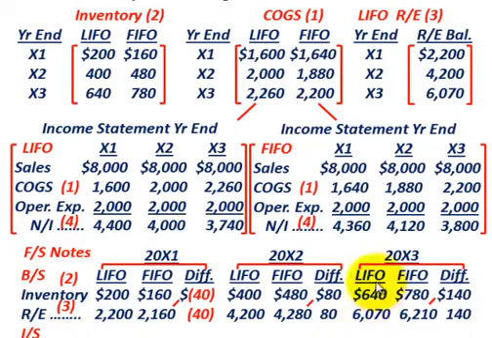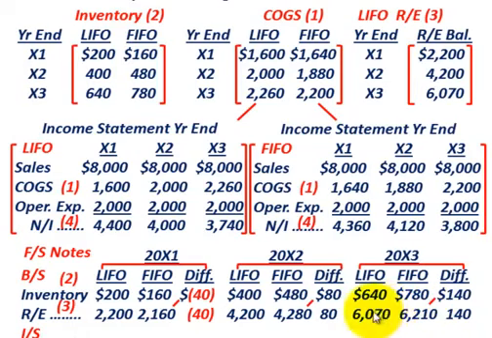Beginning with our LIFO here, our retained earnings was $6,070. Okay, so that was our LIFO for 20X3, $6,070. The difference was that 140 increase in our inventory. That is, we had a greater balance of 140 or 140,000 here. So that increased our retained earnings to 6,210.